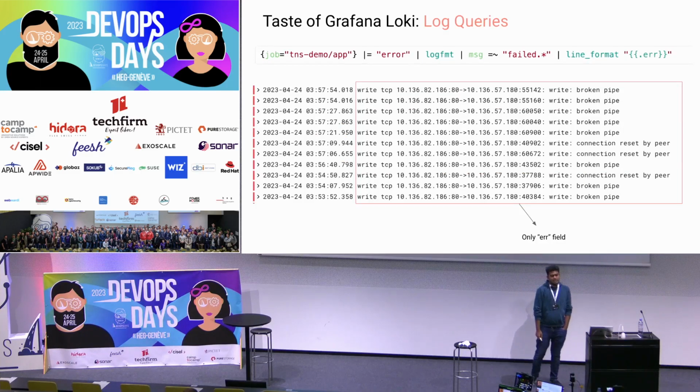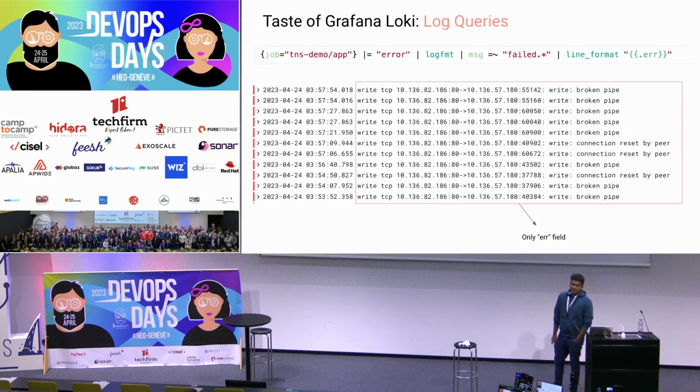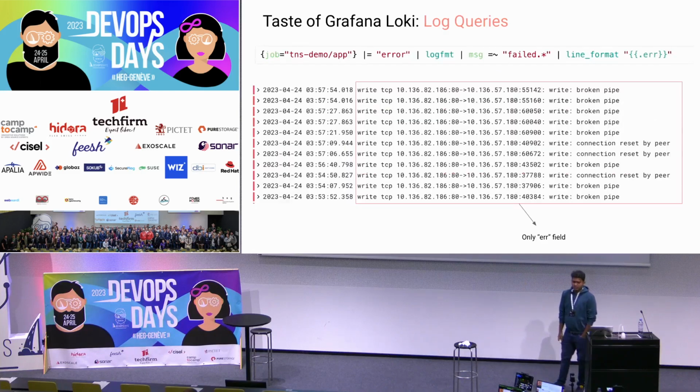So this is with the formatter. The only difference between this and the previous one is that this one has the line format at the end, right? The difference is in the output. Previously, it printed the complete log line, where you see the message, error, and also level, for example. Whereas here, you are printing only the error message of all the log lines that match this pattern.